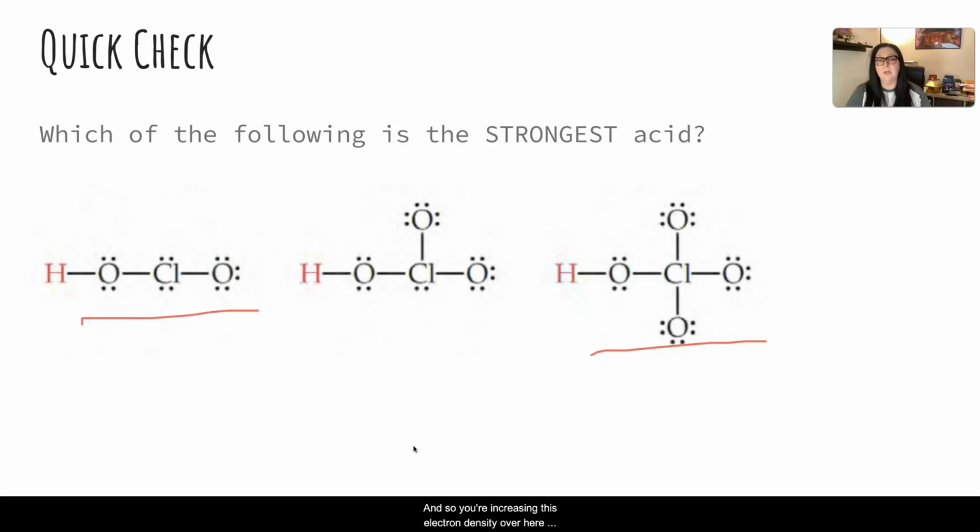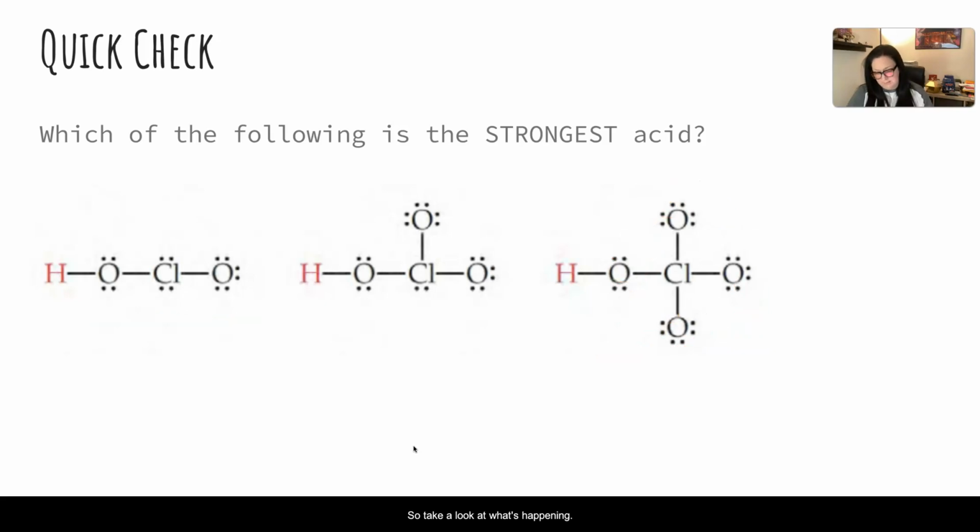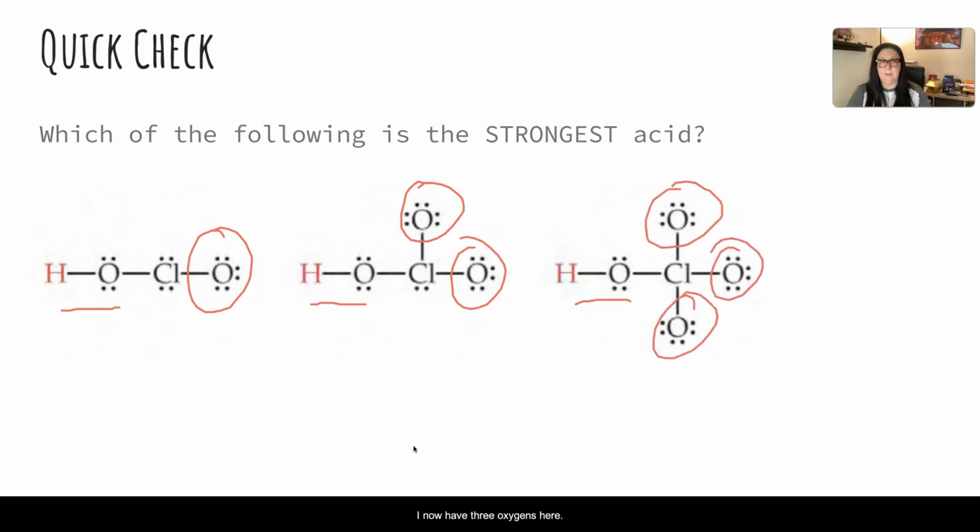And so you're increasing this electron density over here. And when you're increasing this electron density in this molecule because you're adding in these oxygens, and these oxygens are very electronegative. So take a look at what's happening. This bond stays the same, right? I've got 1 oxygen here. I now have 2 oxygens here. I now have 3 oxygens here.